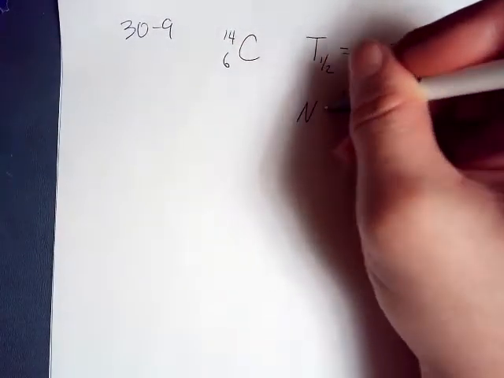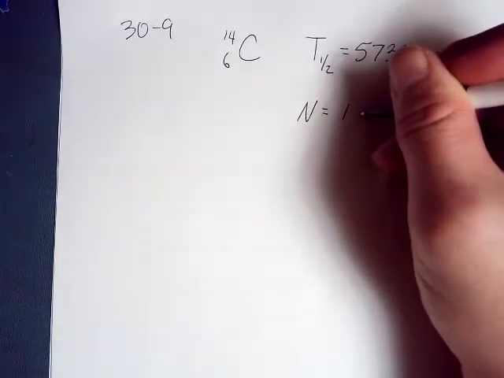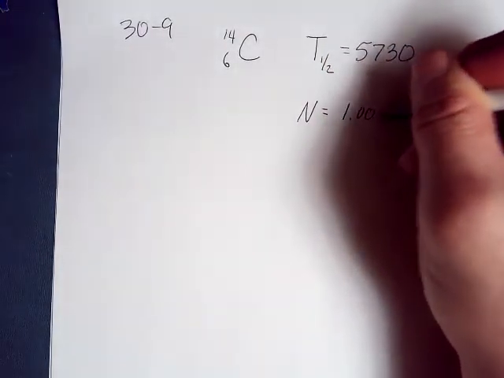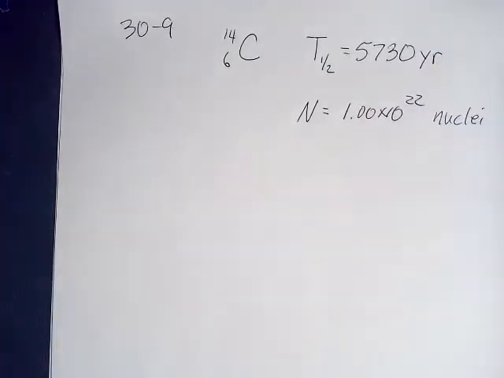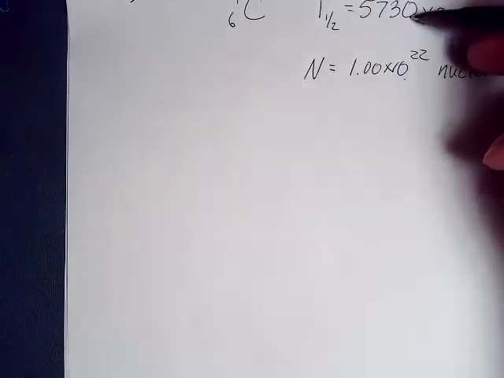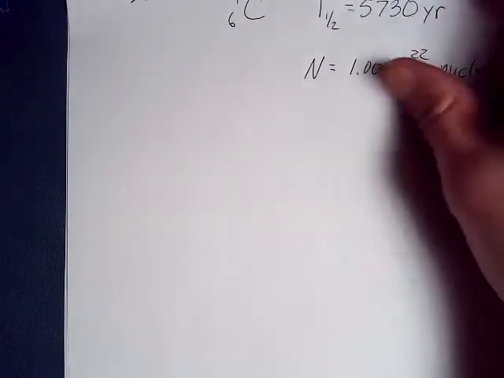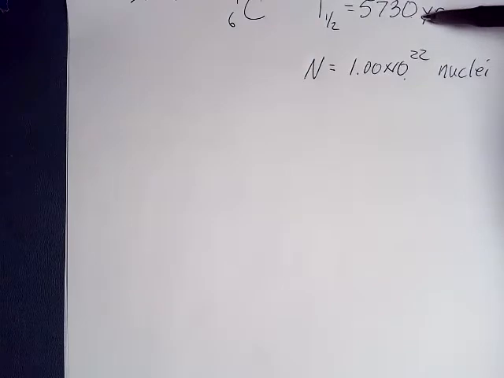Okay, if a sample contains, now this is going to be capital N, 1 times 10 to the 22nd power nuclei. That's how many nuclei I'm starting with. So I have number of nuclei, half-life. Any number of nuclei basically means half the sample is going to decay in 5,730 years.